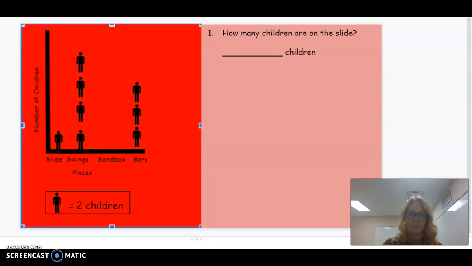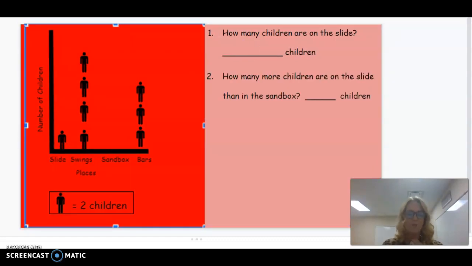Okay, so here on this side, these are the questions you need to answer. So, how many children are on the slide? So let's take a look here. So we have 1 here, but remember 1 equals 2, so we could type a 2 right here.